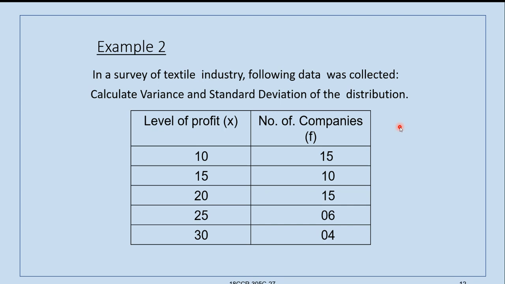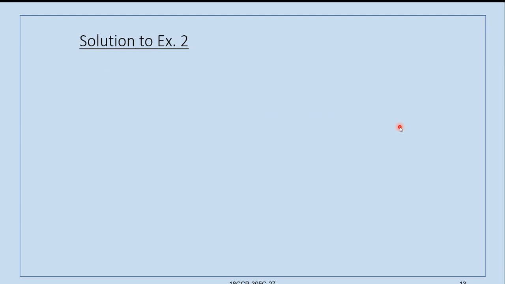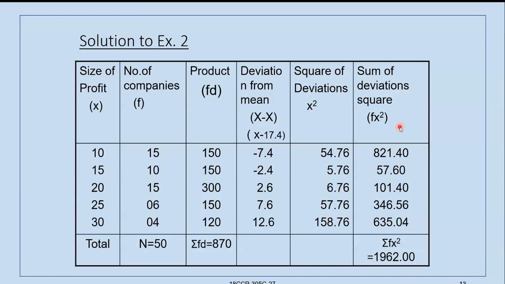And the number of companies, that is F, are 15, 10, 15, 6, 4. So now we will take the table.